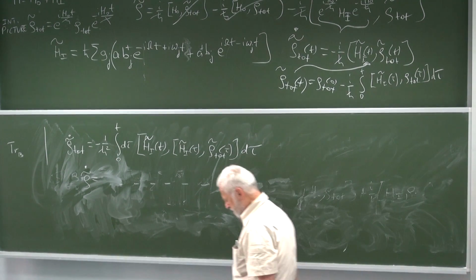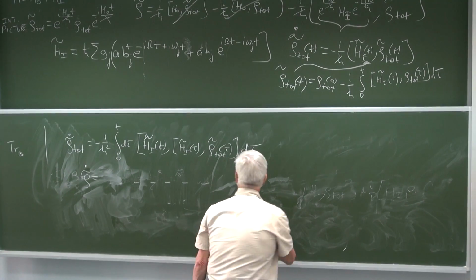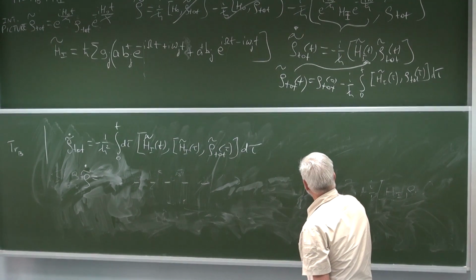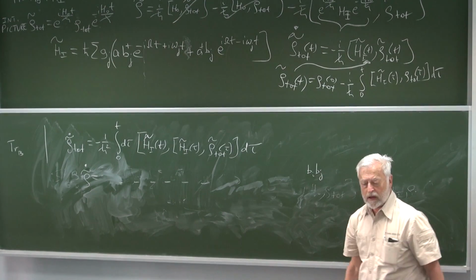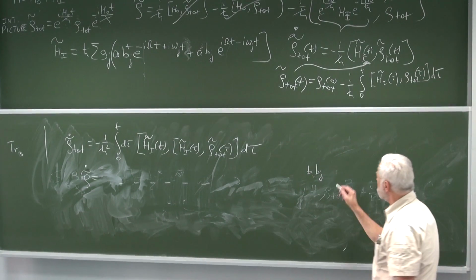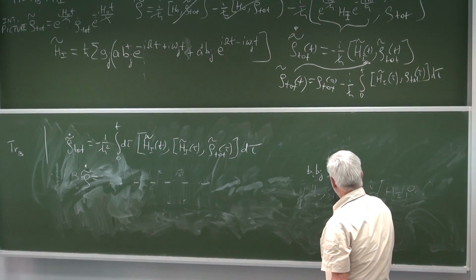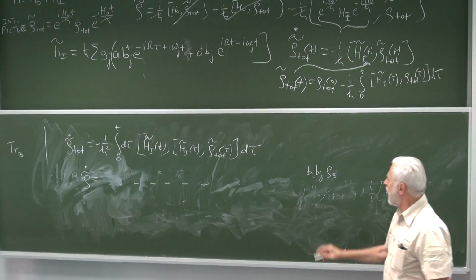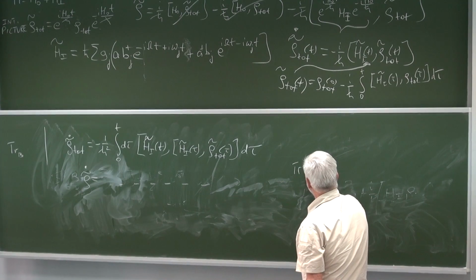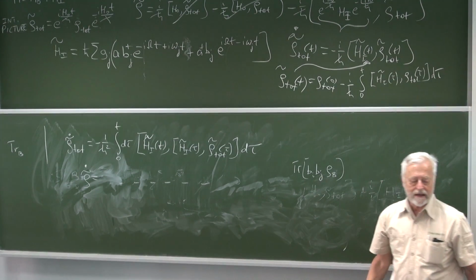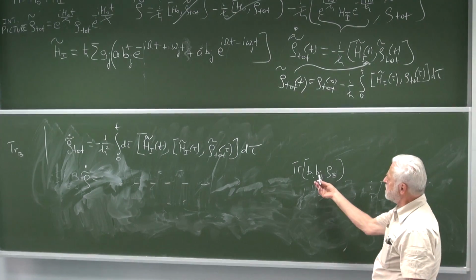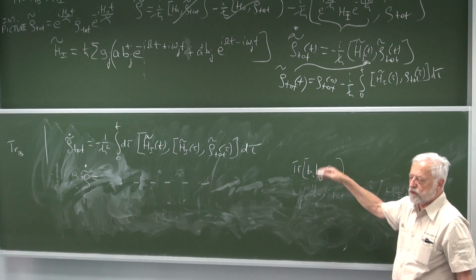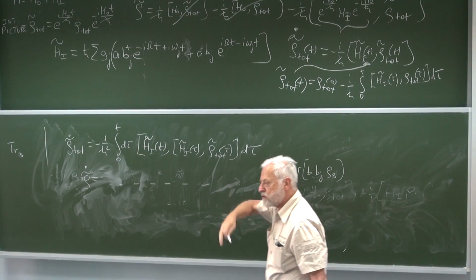Why? Look, there are many terms in which we've got two annihilation operators sandwiched with the bath operator, and then traced. Exactly for the same reason as a single B was vanishing, also double B will vanish because it will destroy it.